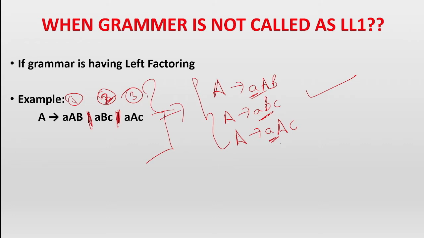When A is taken for drawing the parse tree or for parsing, it won't know which production to consider, because all 3 productions have A at the first symbol. When you have the same symbol on the right hand side, A won't know whether to select production number 1, 2 or 3. So this type of grammar is called a left factoring grammar, and this type of grammar cannot be LL1.